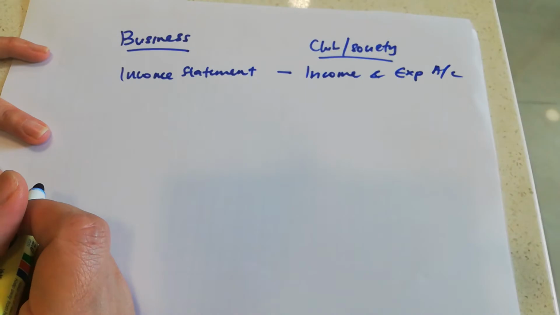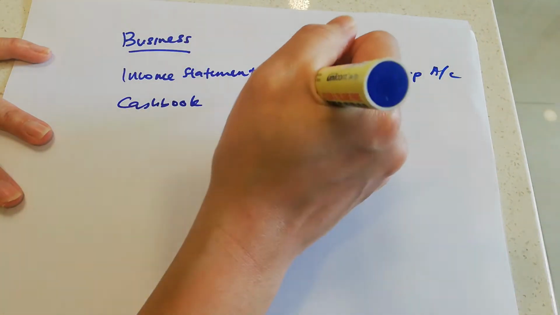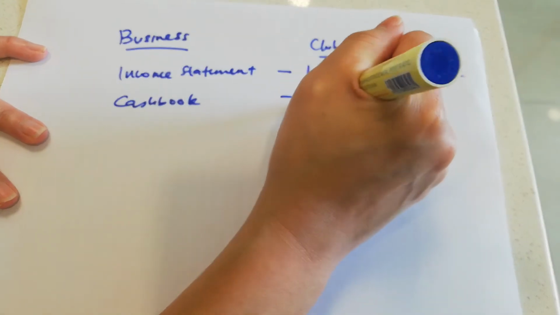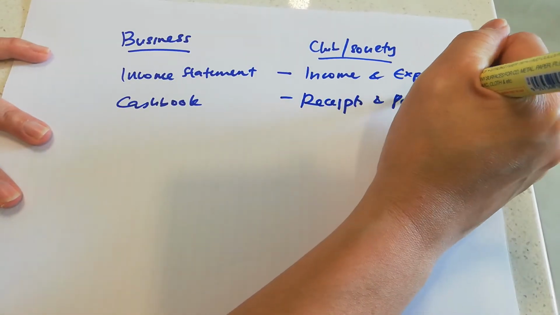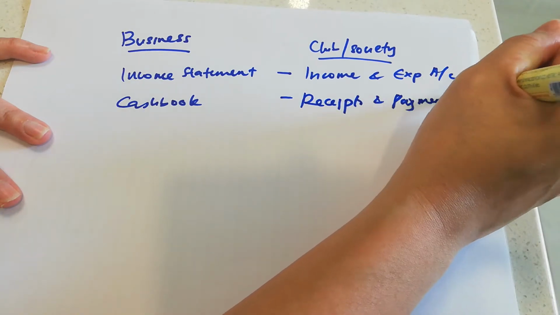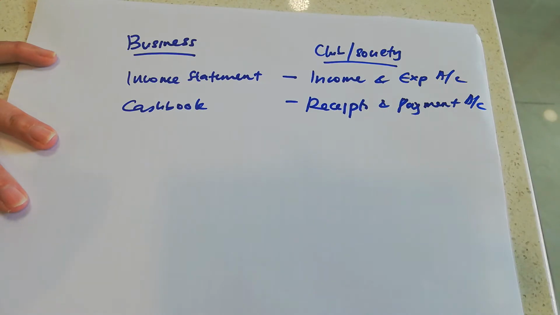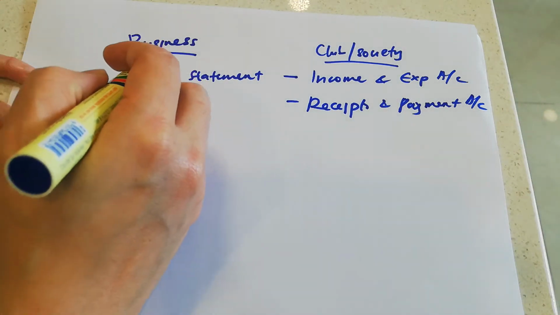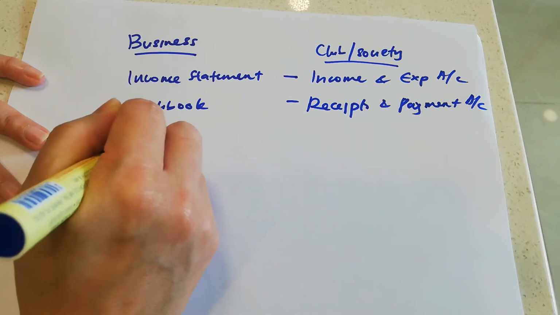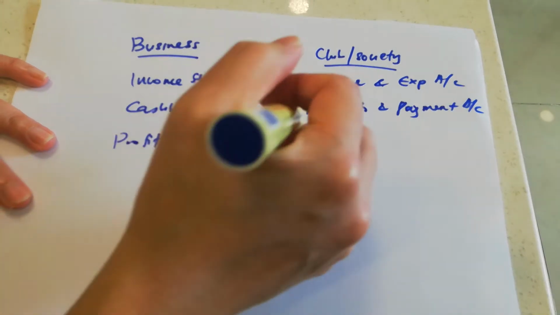Okay, and then in a normal business, you would have your cash book, but in the club and society, you would call it a receipts and payment account. And then in a normal business, in the income statement, you would call it profit or loss when they make money or they lose money.